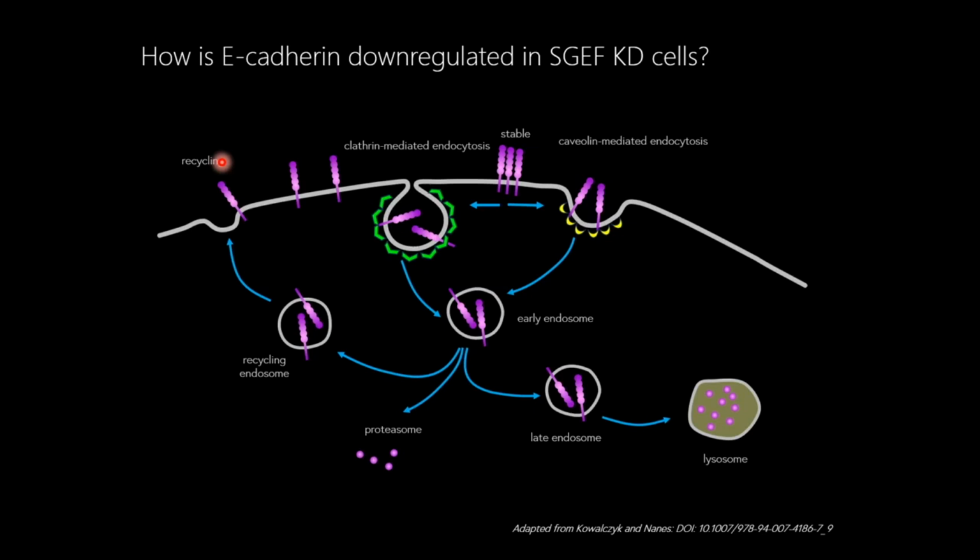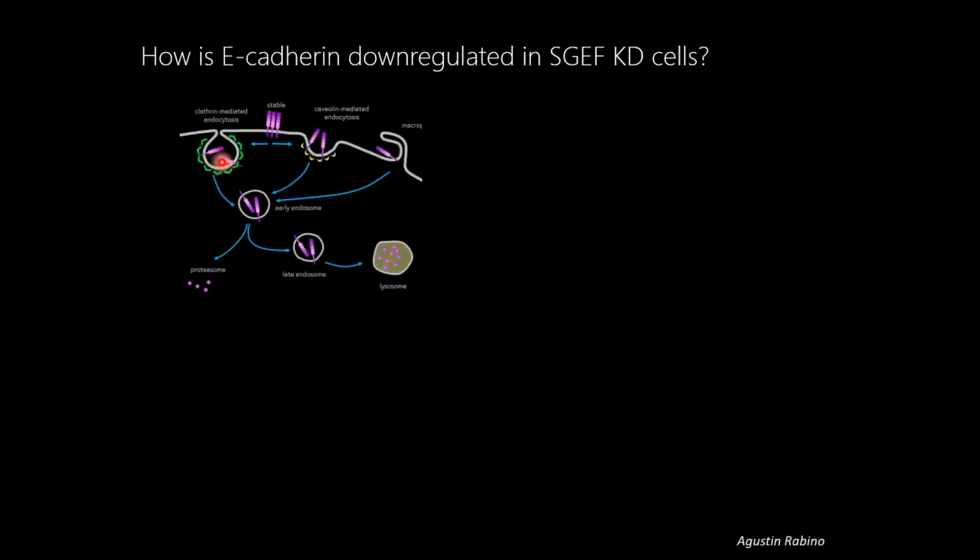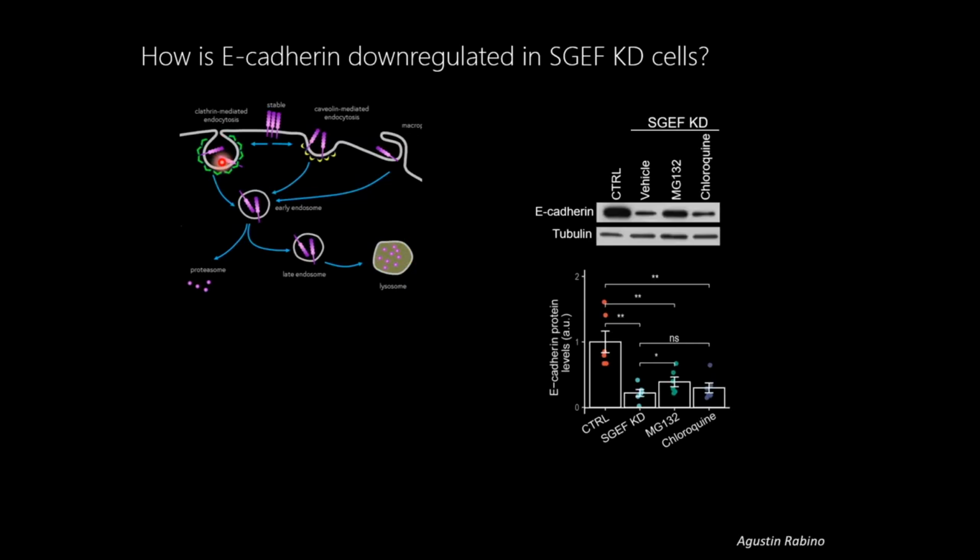What are the systems that are being utilized to downregulate E-cadherin? The first one that we tried was protein degradation. So what we did is we inhibited both the lysosome and the proteasome using different inhibitors, MG132 for the proteasome, chloroquine for the lysosome. And what we can see is a partial rescue when we inhibit the proteasome and no rescue with the lysosome.